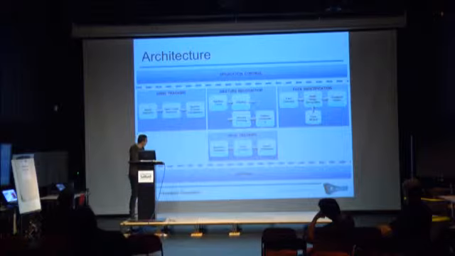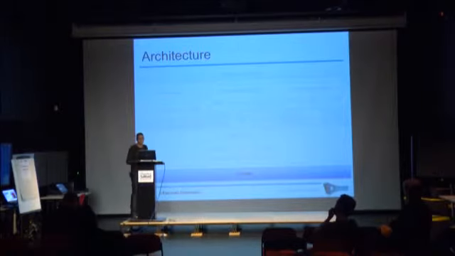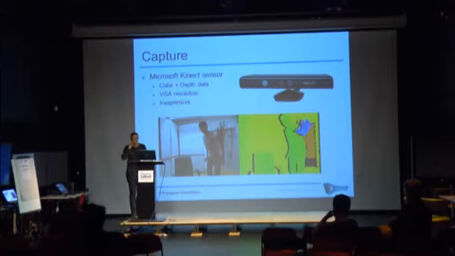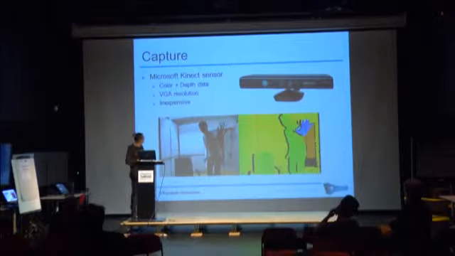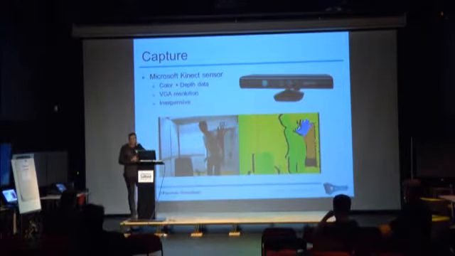So basically, if I go a little bit into each of these modules, starting with the capture, the sensor we are using to capture the information is the Microsoft Kinect. I'm pretty sure you've heard about it. This is a sensor that Microsoft released, I think, 2 or 3 years ago, associated with the Xbox 360, the console that you play with.